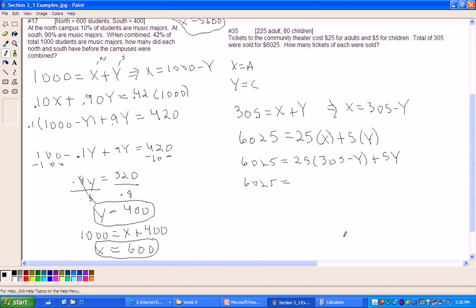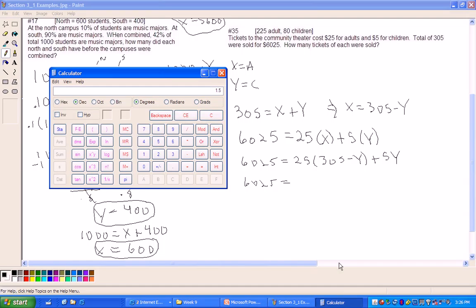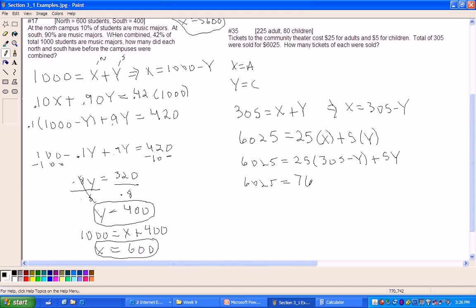Don't know that off the top of my head, so 25 times 305 is equal to 7,625, minus 25Y plus 5Y. So in the next step I'm going to move this over to this side and add these two terms together.